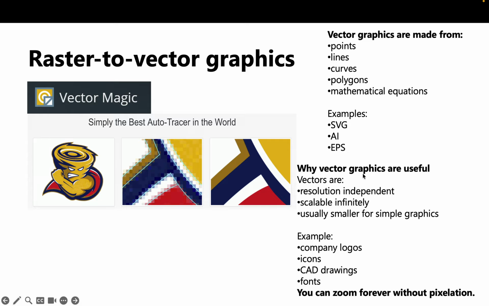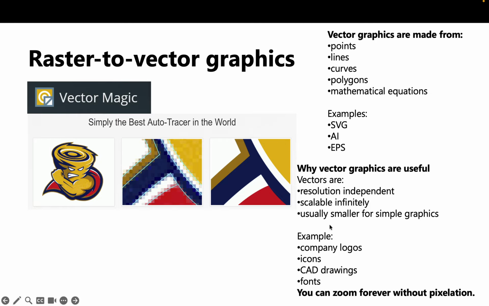And why is this vector graphic useful? Because resolution is independent. No matter how big or how small, the quality is always clear and sharp, scalable infinitely, and usually smaller for simple graphics. We use this kind of vector-based graphic to generate company logos, icons, CAD drawings, and also fonts.